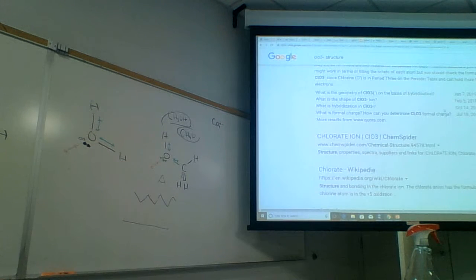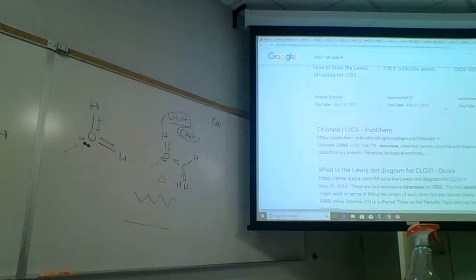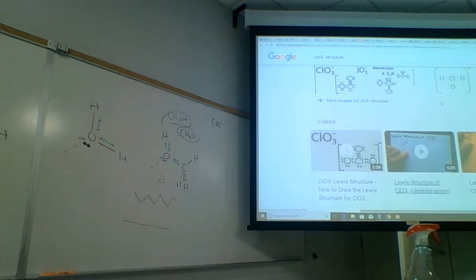But the reality is these Lewis structures and resonance are not the best way of describing these ions and molecules. Do you know what the best way of describing these ions and molecules is? This is what I call the quantum mechanics light version.